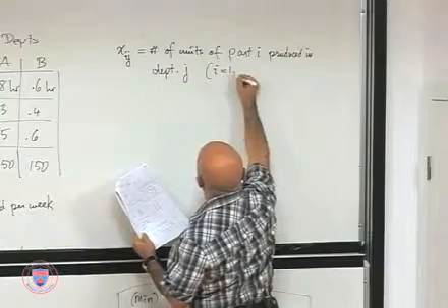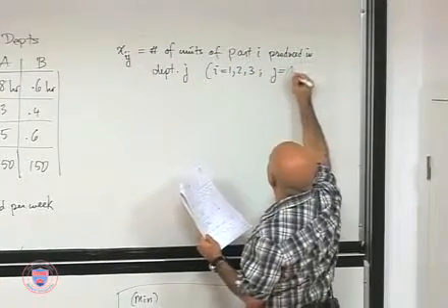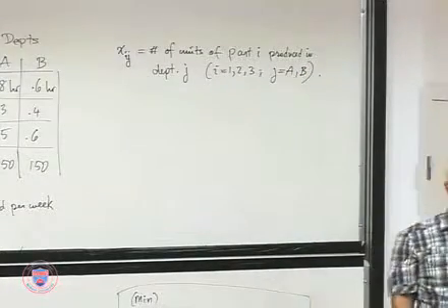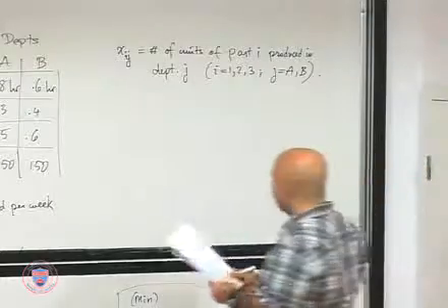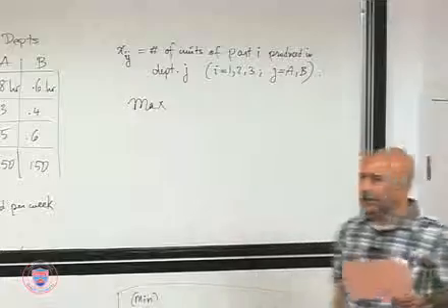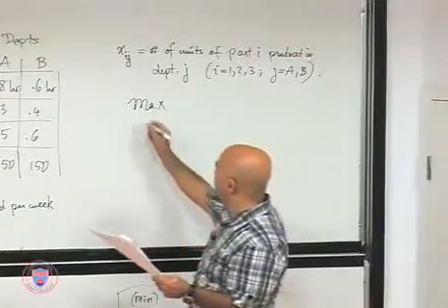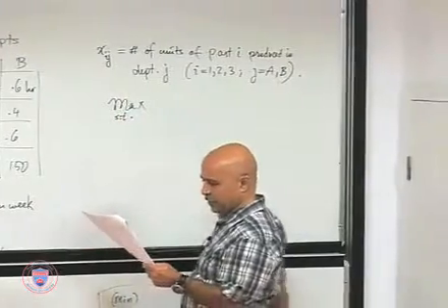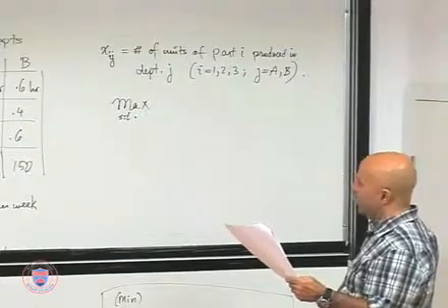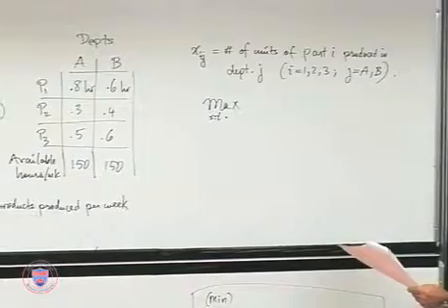Here i goes from 1 to 3 and j goes as either A or B. So we're going to maximize the number of products that we can produce per week subject to availability constraints. So let's write down the availability constraints first.